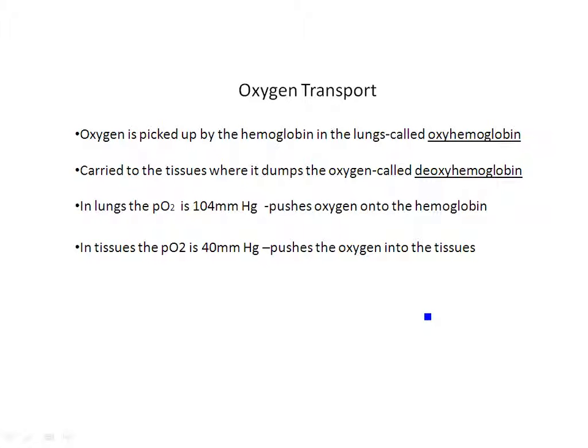It's up almost to 160 millimeters of mercury. So that's going to push the oxygen from the atmosphere onto the hemoglobin molecule. Then when you get out into the tissues, your tissue oxygen pressure is only about 40 millimeters of mercury. And so you've got this higher pressure that's going to push it from the hemoglobin molecule out into the tissues. Don't get hung up on all that, but just know that it's diffusion pressures.